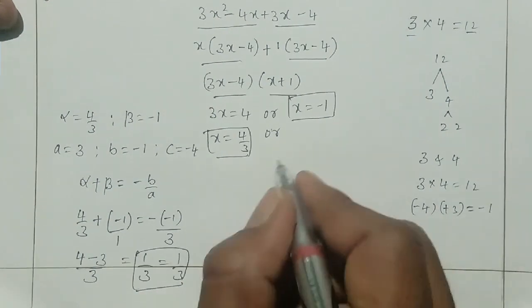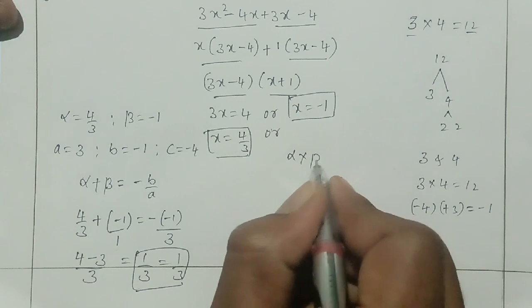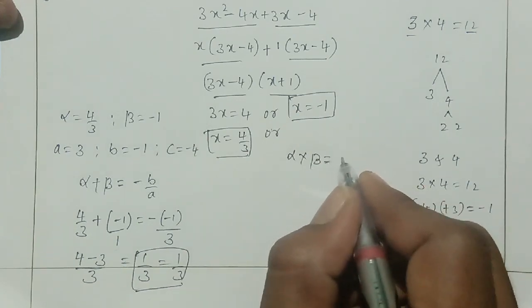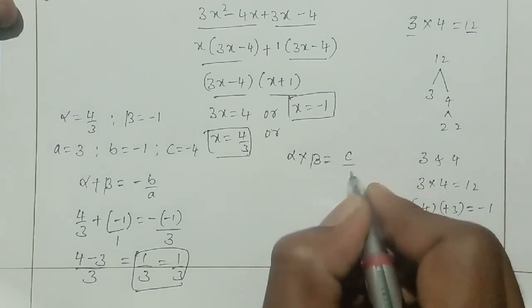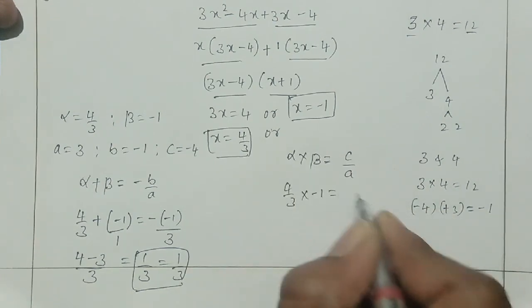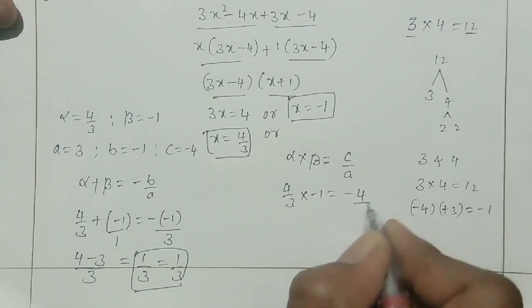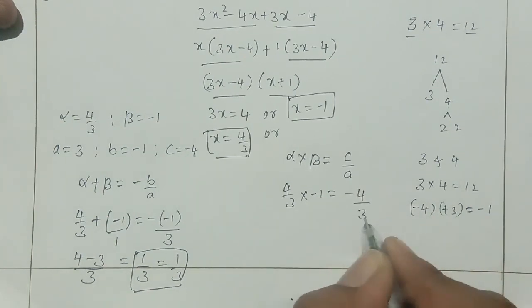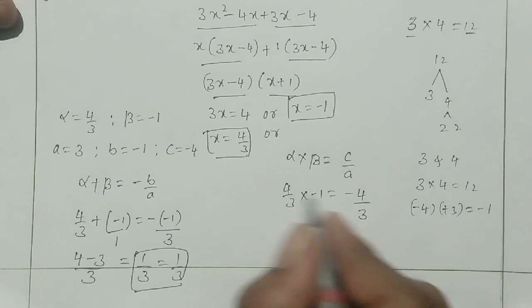Next you can go to the product of the zeros. Alpha into beta equals c by a. Alpha value is 4 by 3 into beta value minus 1, and c value is minus 4 and a value is 3. Next you multiply these two.